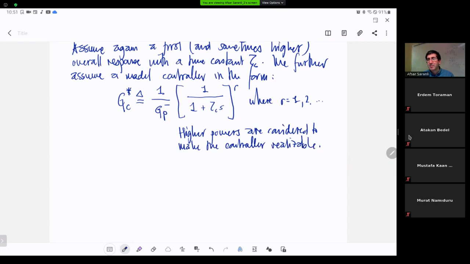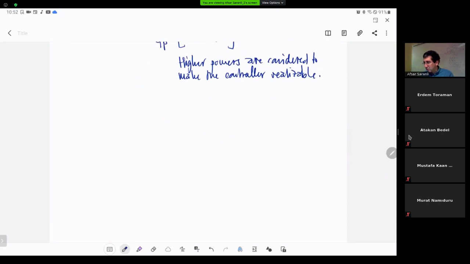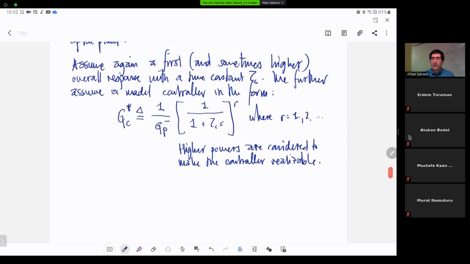So GC star, and later on GC, may end up being non-causal. So you often may consider increasing r in order to make the resulting controller causal. But let's not focus on that for now. Let's remember this, we will use this in a minute. Let's call this star.